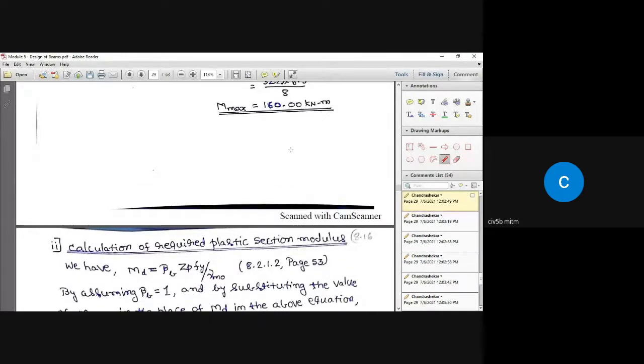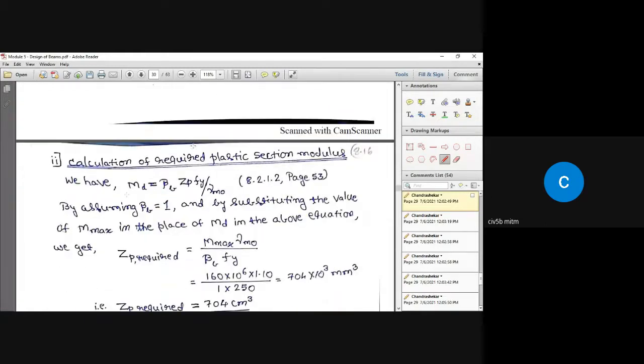So the first step is we need to calculate the section required. We have to pick up a section, is it not? That can be picked up by using this formula and by assuming the section is plastic or compact. So take this formula given on page number 53 of the code book.